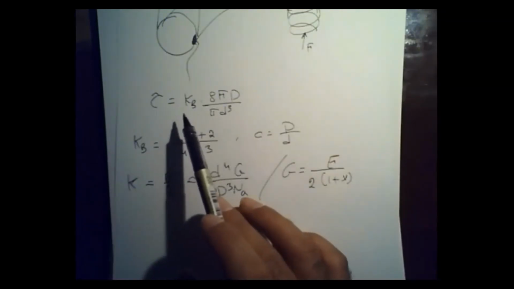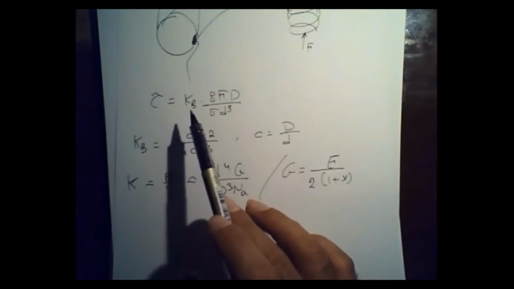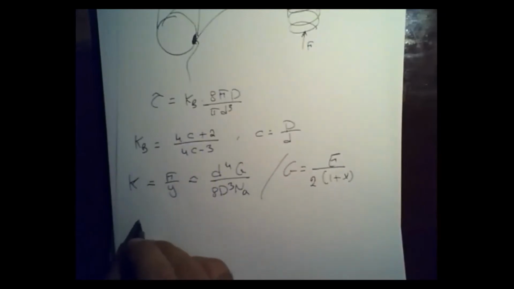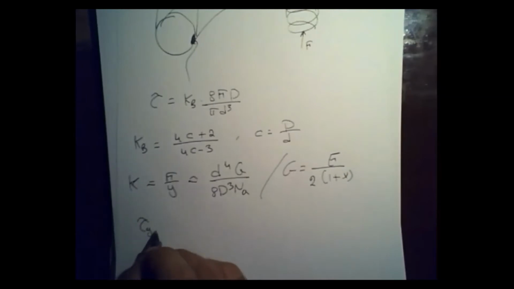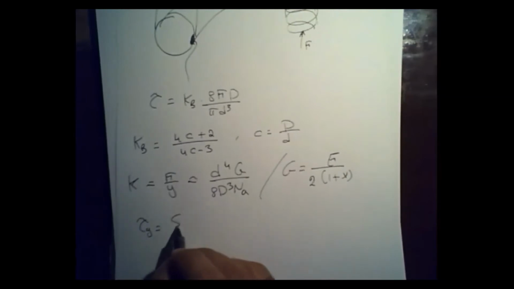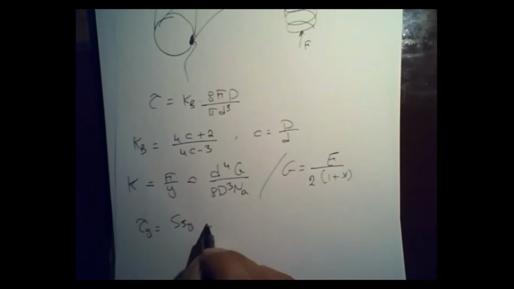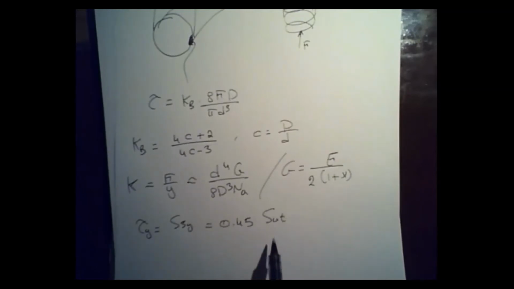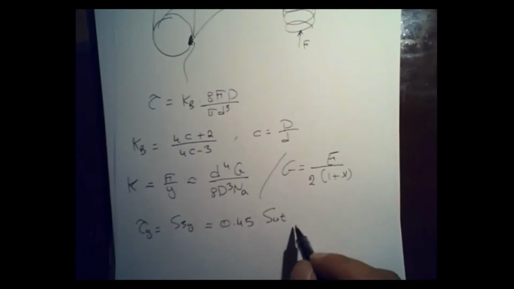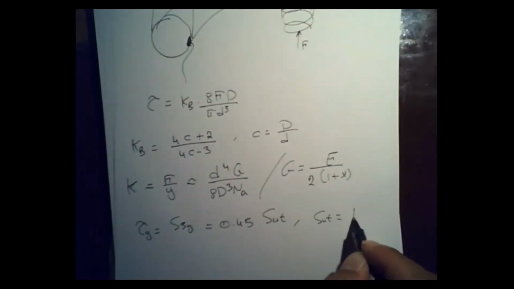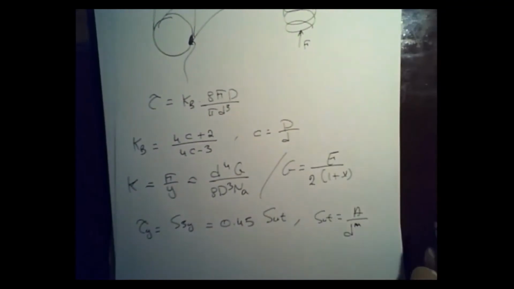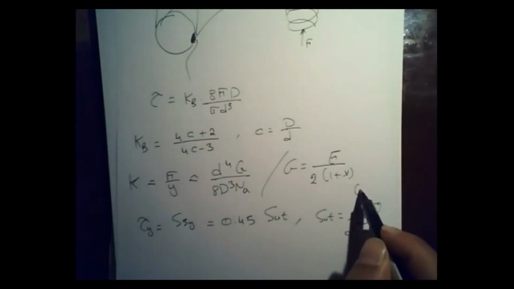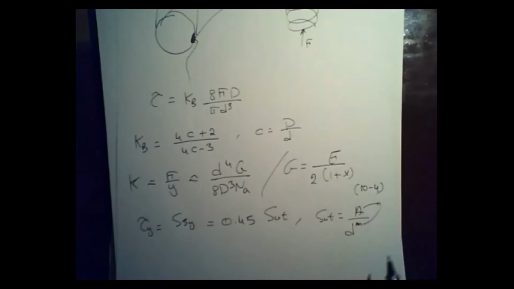The last thing is, as a result of applying a force on the spring, you're going to have that shear stress, and there is a maximum value that shear stress could be on a spring. We said the maximum shear in yield, which we call Ssy, is going to be equal to 0.45 multiplied by the ultimate strength, and the ultimate strength of springs is going to be equal to A over d to the power m, where we look up A and m from a lookup table, table 10.4 in my notes.